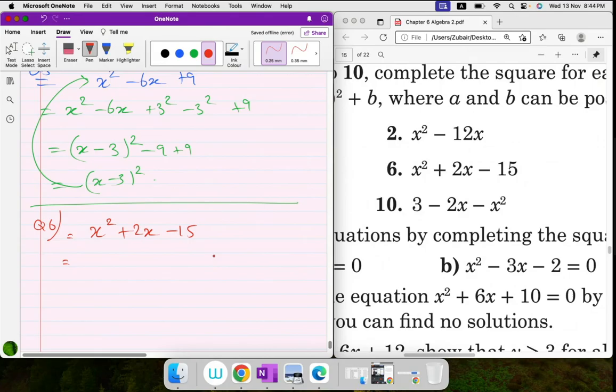Okay, I'll do it quickly. Meanwhile, Ali would also share his answer. Haris, are we getting the same answers? Yes, sir, I got the same. Ali, what about you? Yes, I got the same. x plus 2 whole square minus 16. Okay.